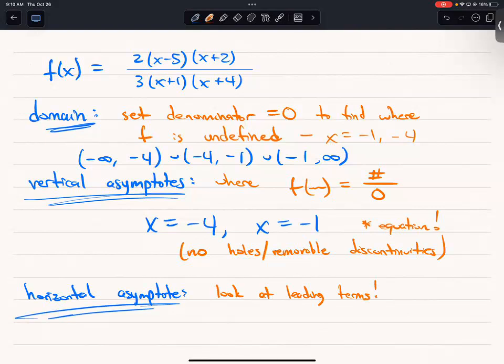What are the leading terms here? 2x squared over 3x squared. We don't need to multiply the whole thing out unless you want to, but I do need to identify the leading terms, 2x squared over 3x squared. Not just the 2 over 3 part, because I don't know yet if that's the only part that's going to matter. 2x squared over 3x squared.